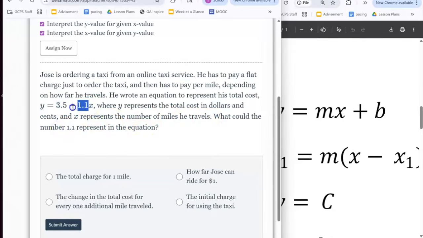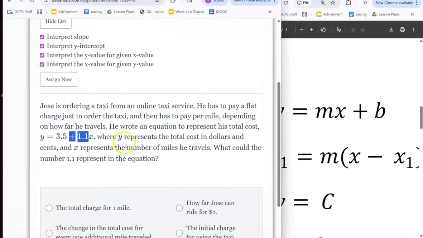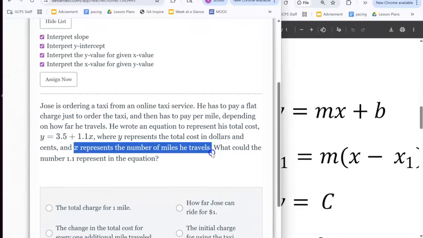So again, where is 1.1? Right next to the x. So that is my slope. That's the number that keeps happening. It doesn't happen one time, it happens over and over again. Now that I know that, before I even look at my answer choices, I'm going to decide what it means and then match it. I know that x represents the number of miles I travel.